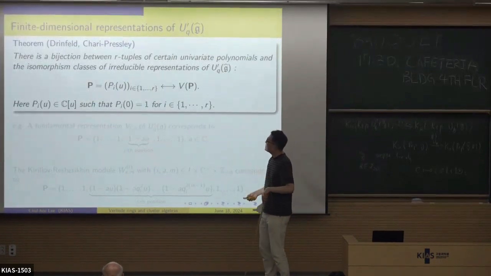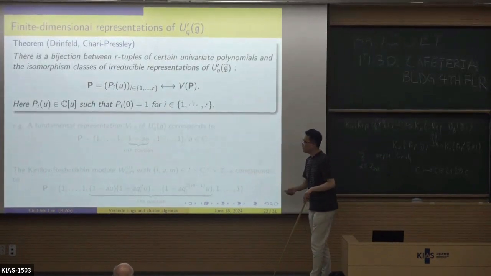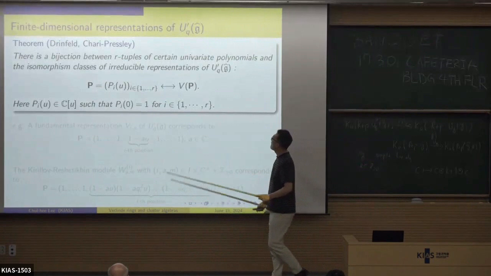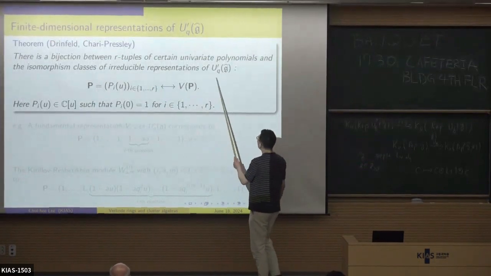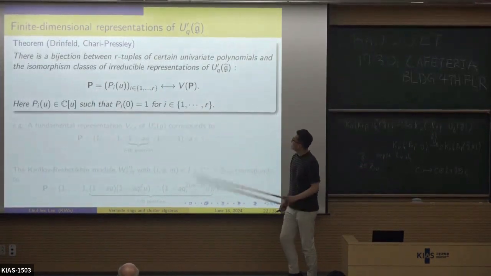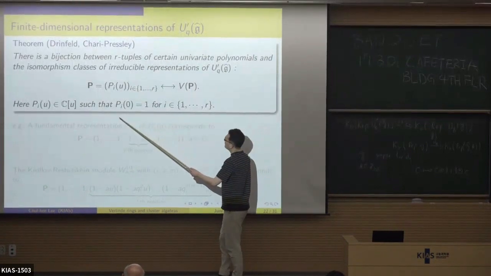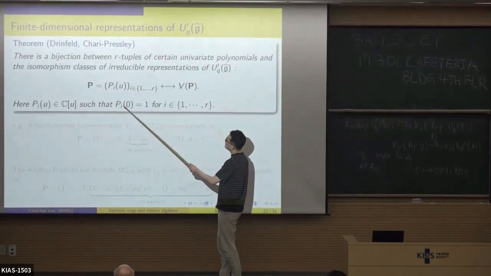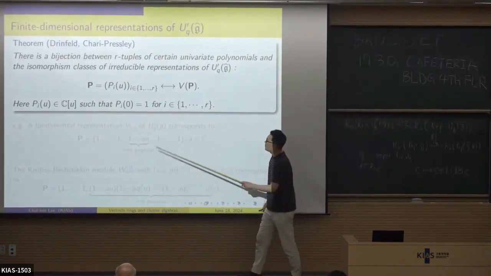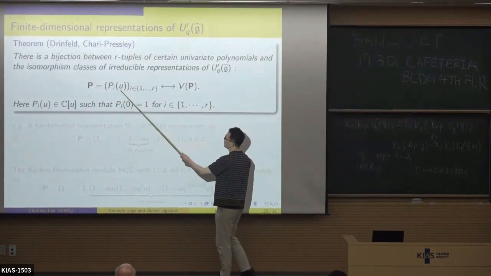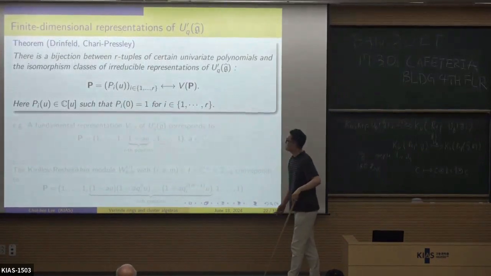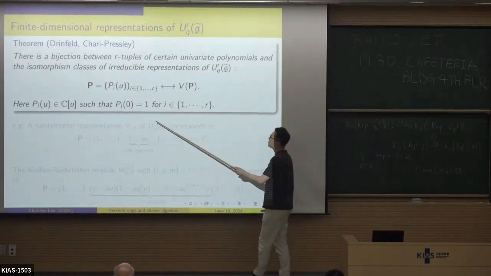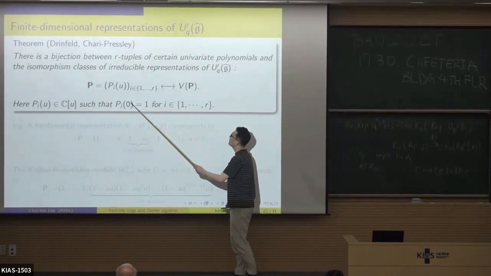Similar to the classification of finite dimensional or integrable representations, quantum affine algebra has a nice classification of irreducible representations, but now these are not anymore tuples of integers. These are tuples of polynomials of one variable, and these polynomials are called the Drinfeld polynomials.